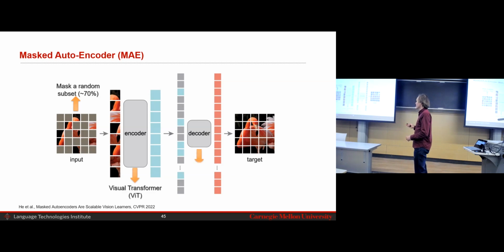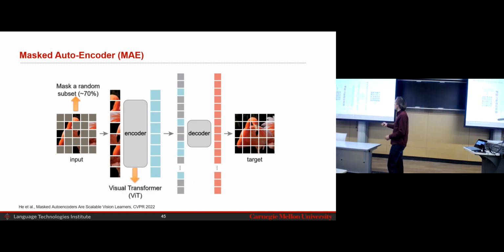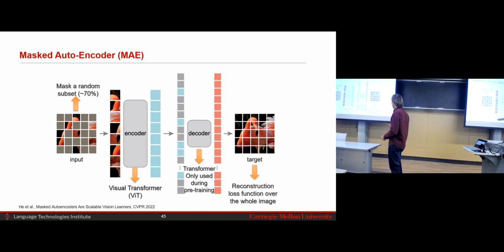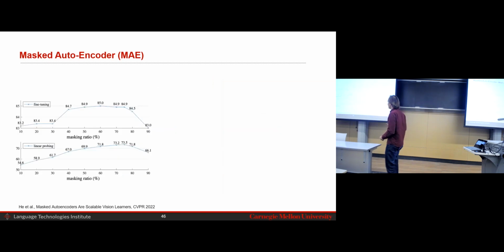So I think this is a visual transformer. This is in fact kind of a BERT, only used for pretraining, and this is a target. And oh yeah, I kept it. So this is the performance with the ratio of masking, and somewhere around 75% was the best performance, both during the original training and during fine tuning.